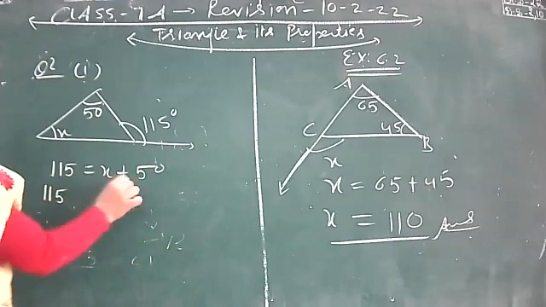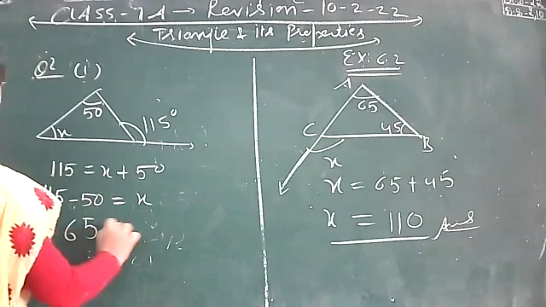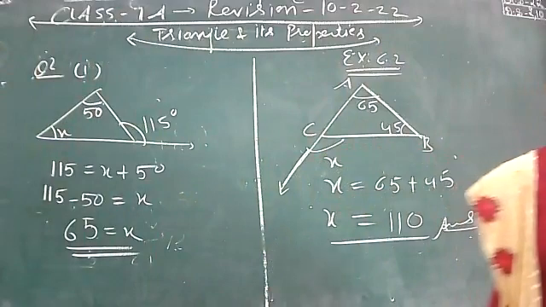So 115 minus 50 is equal to X. X comes out to be 65.